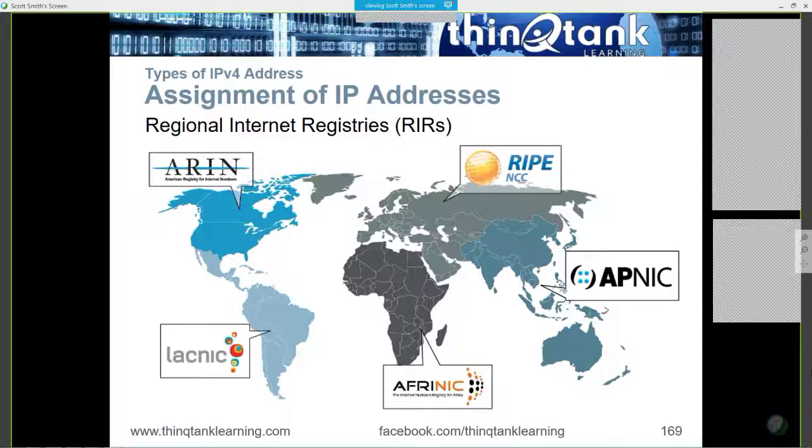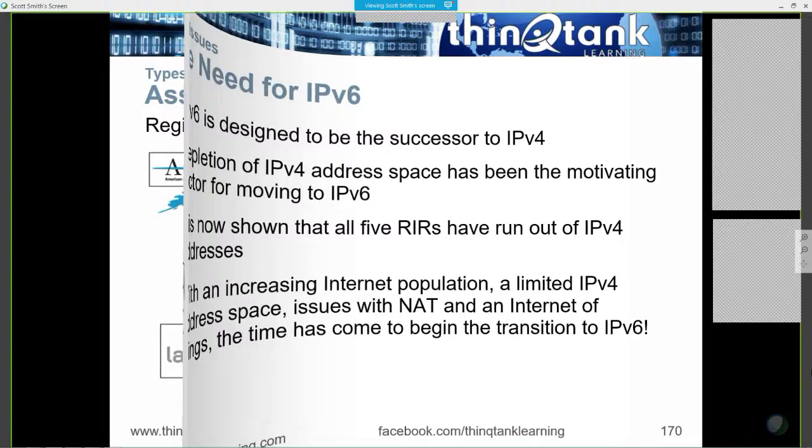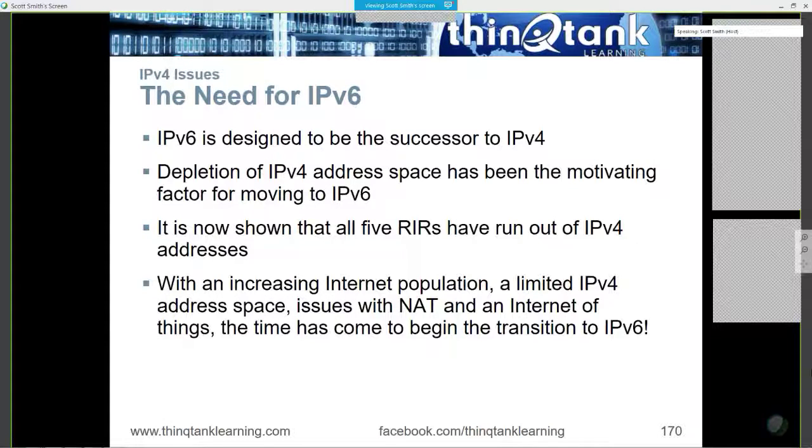Okay? So why IPv6 then? We seem to be moving along quite well with IPv4. Well, IPv6 obviously is going to provide us the ability to have a lot more addresses, right? IPv4 was depleted back in 2013. No more IPv4 address blocks with our regional internet registries.